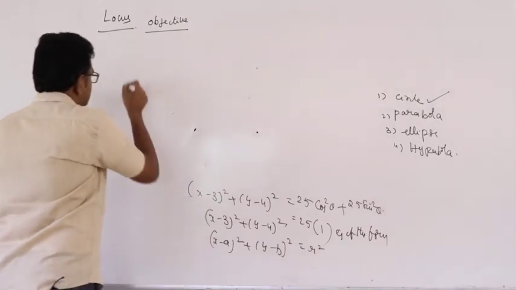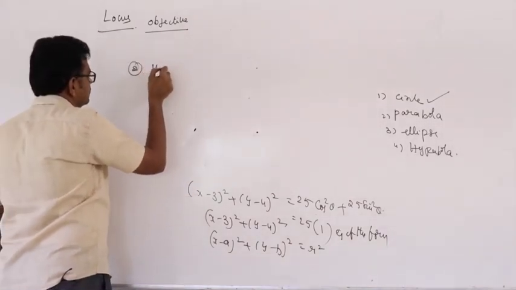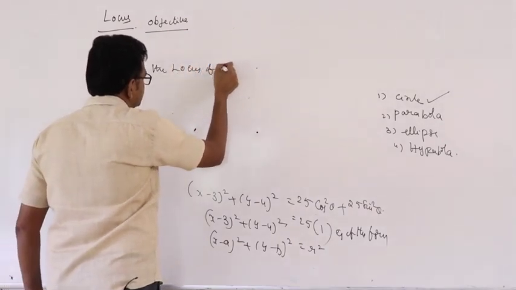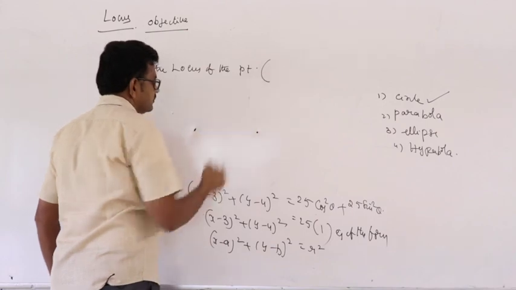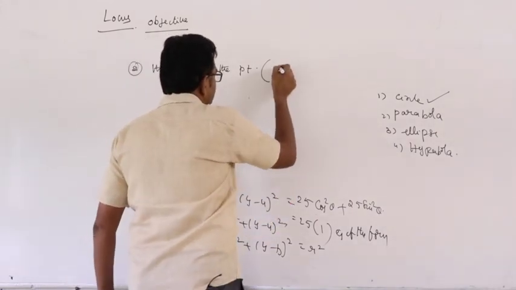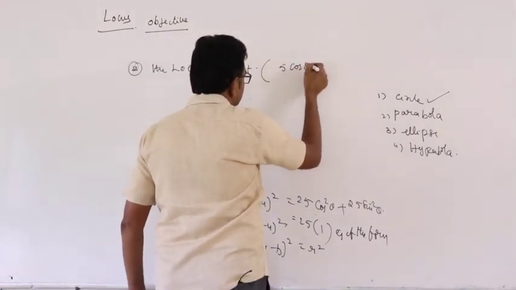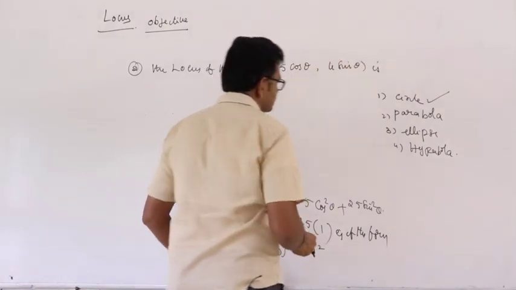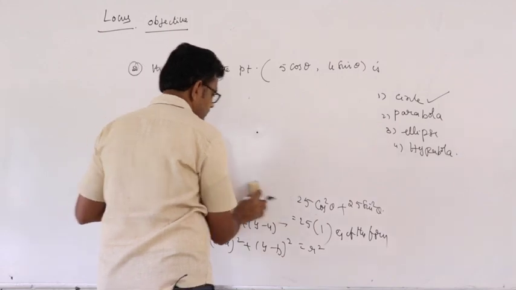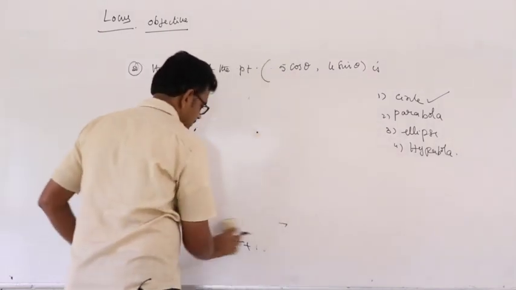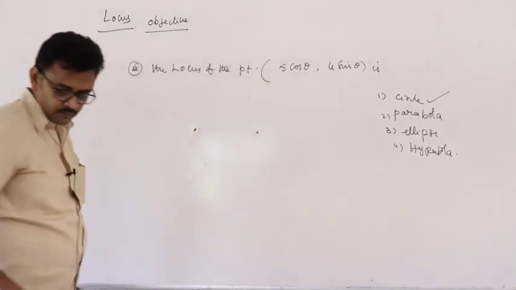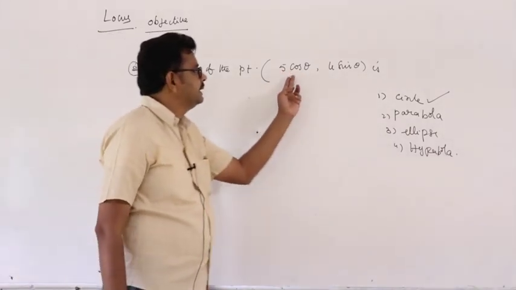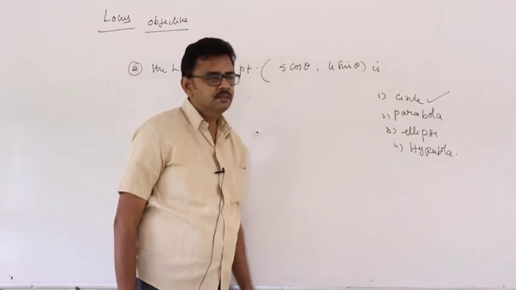Next one, the locus of the point (5 cos theta, 4 sin theta) is. By eliminating theta, that is the locus.